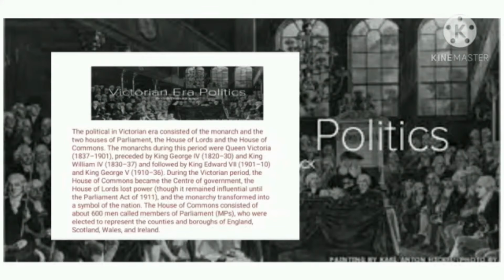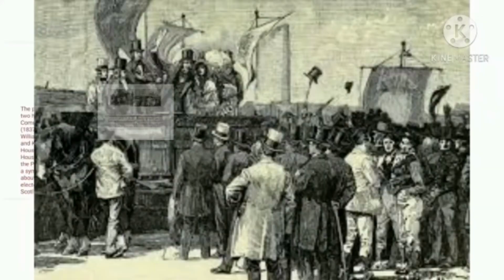The House of Commons consisted of about 600 men called Members of Parliament (MPs), who were elected to represent the counties and boroughs of England, Scotland, Wales, and Ireland.